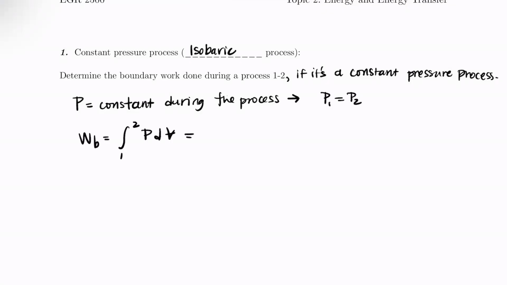Since P is a constant, we can take it out of the integral. So we end up with P times the integral from V1 to V2 of dV, or in other words, P times (V2 minus V1).